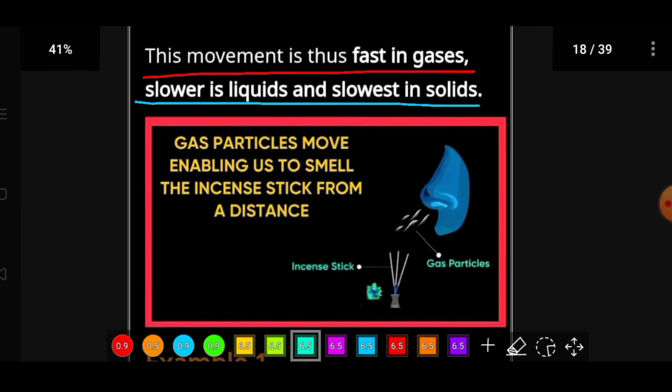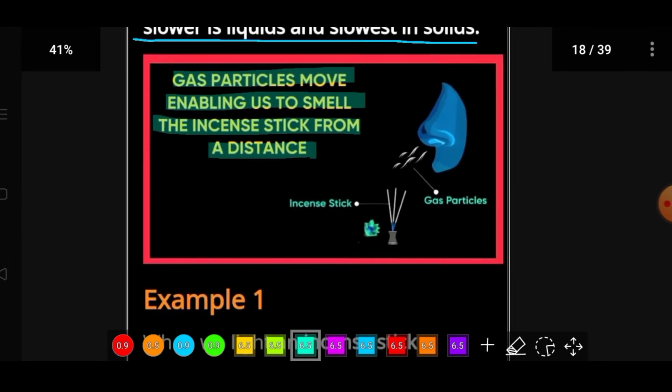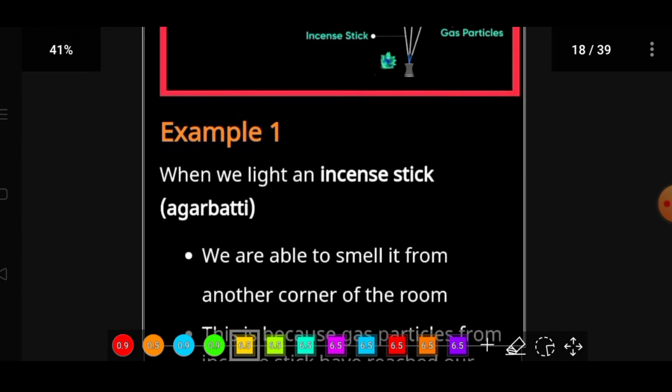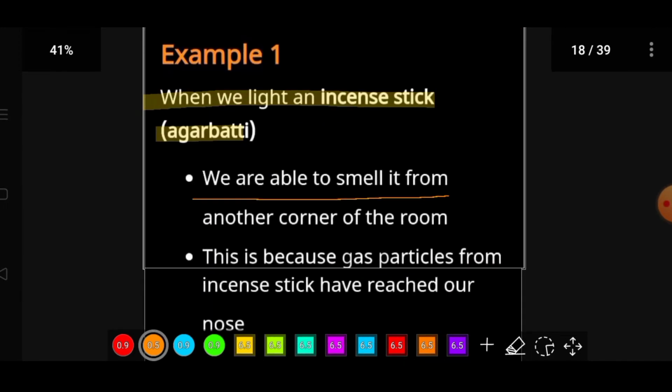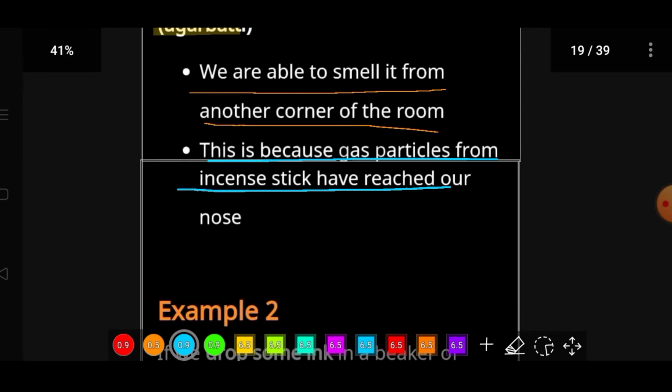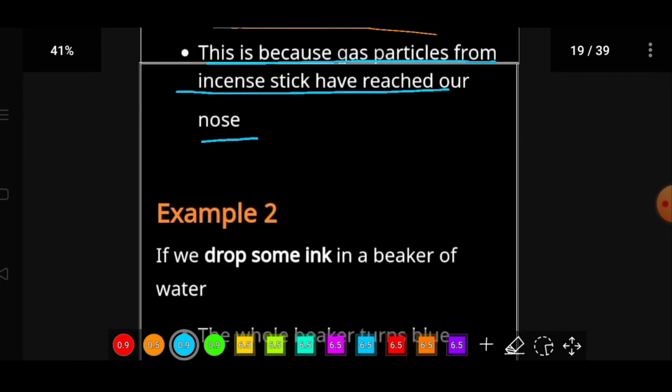Gas particles move, enabling us to smell the incense stick from a distance. Example 1. When we light an incense stick, agarbatti, we are able to smell it from another corner of the room. This is because gas particles from the incense stick have reached our nose. Example 2.